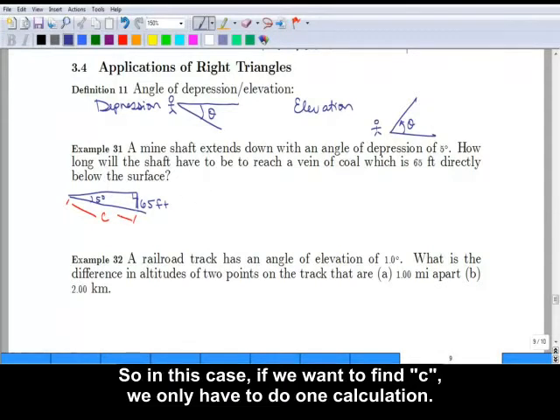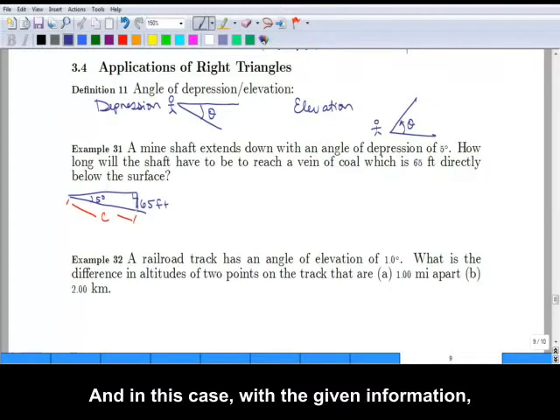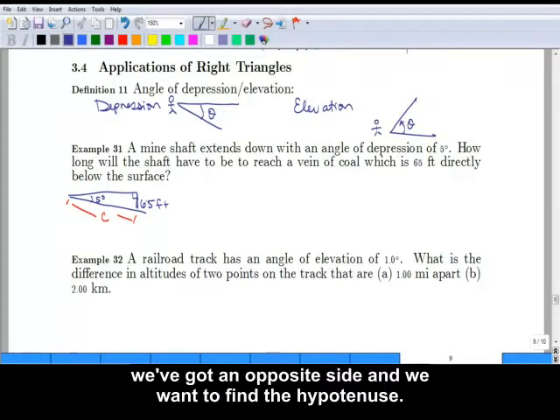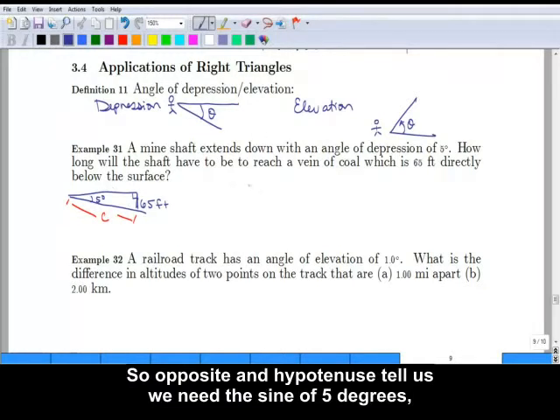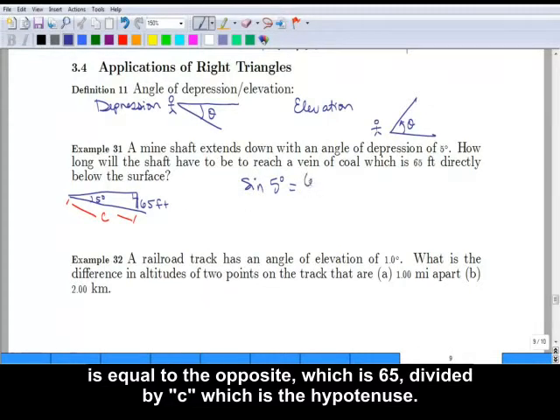So in this case, if we want to find C, we only have to do one calculation, and with the given information, we've got an opposite side and we want to find the hypotenuse. So opposite and hypotenuse tell us we need the sine of 5 degrees is equal to the opposite, which is 65, divided by C, which is the hypotenuse.